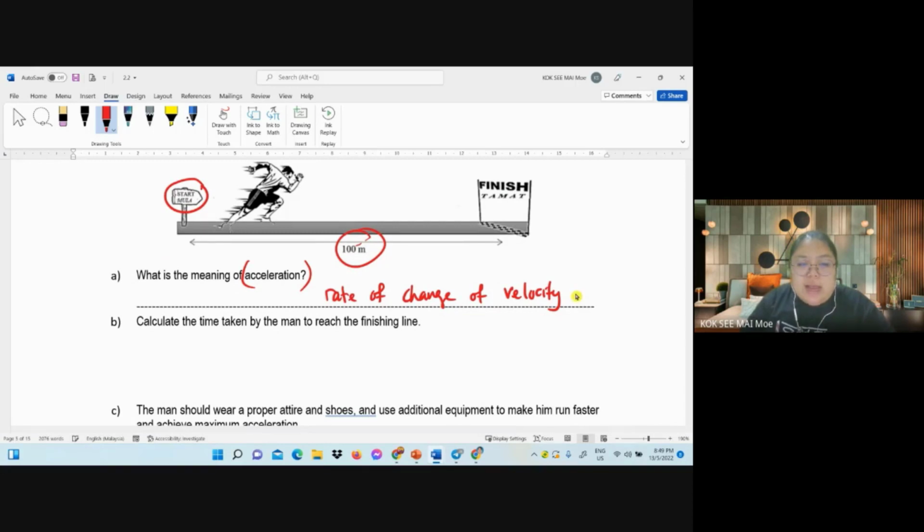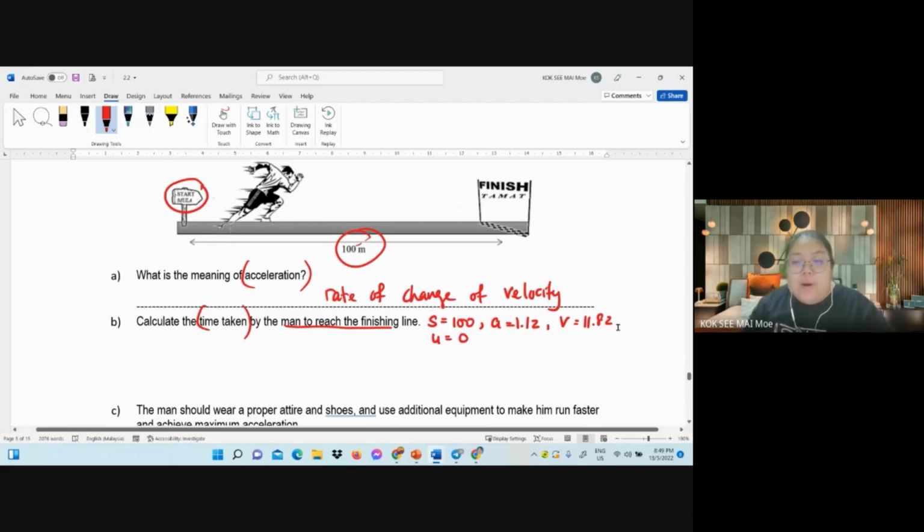Calculate the time taken by the man to reach the finishing line. So we list the info. s is 100, a is 1.12, final velocity v is 11.82, and we know the initial velocity u must be 0 because he starts from the starting point.